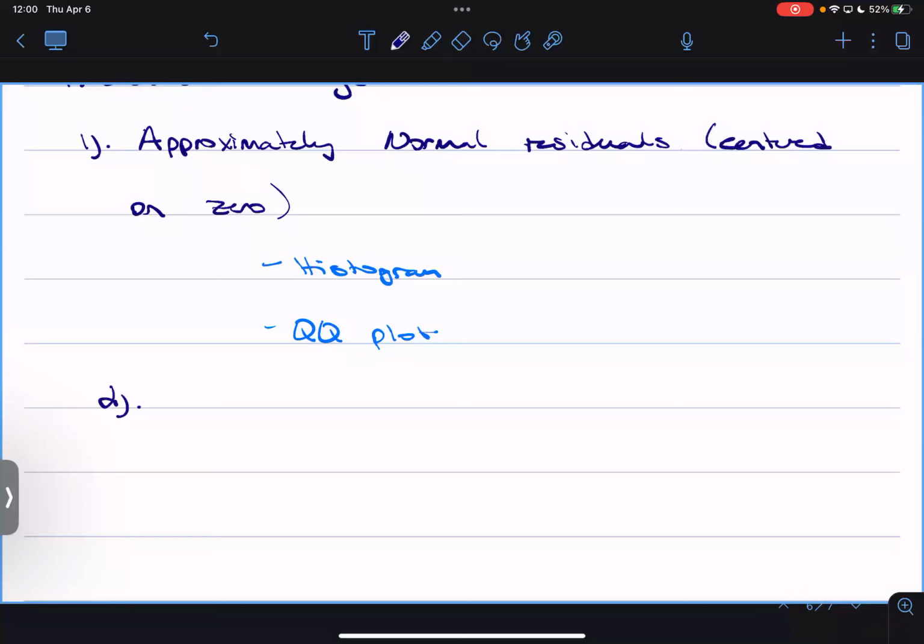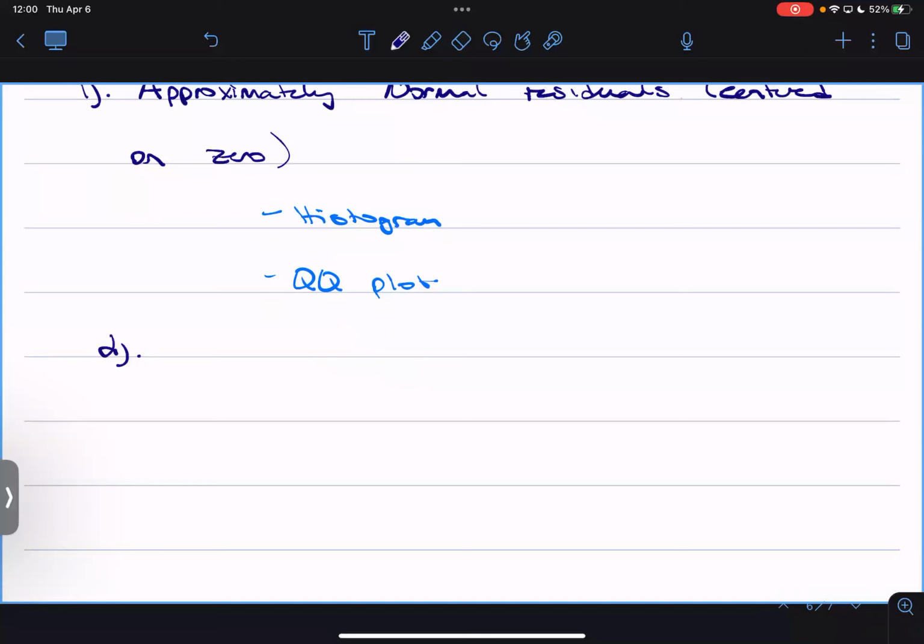So it is going to come back, but for now, we're just going to look for constant variance in the residuals. Variance meaning spread.